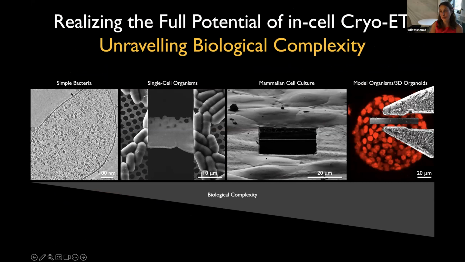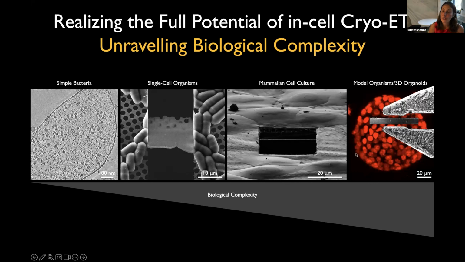We're extremely happy that we can tackle questions from the simplest possible bacterium, where we look at highly conserved macromolecular machines, their functional dynamics, in an ensemble state, through single cell organisms, to human cell cultures, which allow us to touch a very complex biology of host-virus interactions and how these might change in response to environmental conditions.